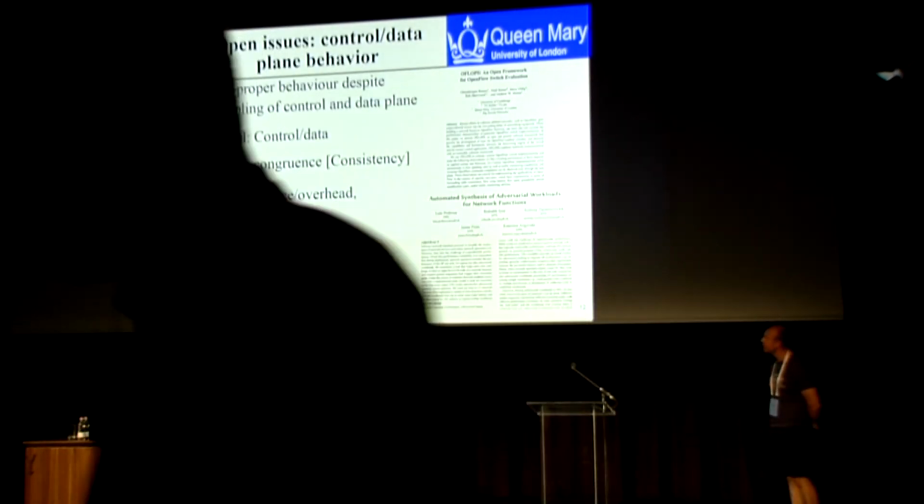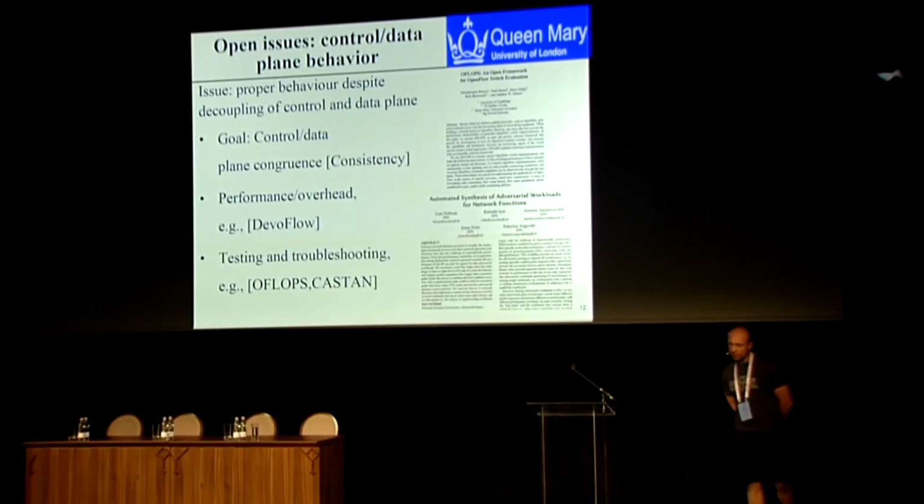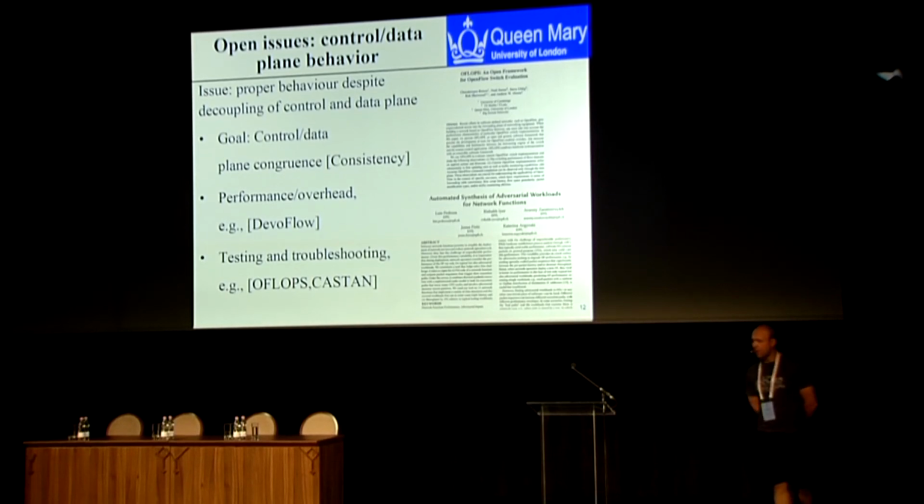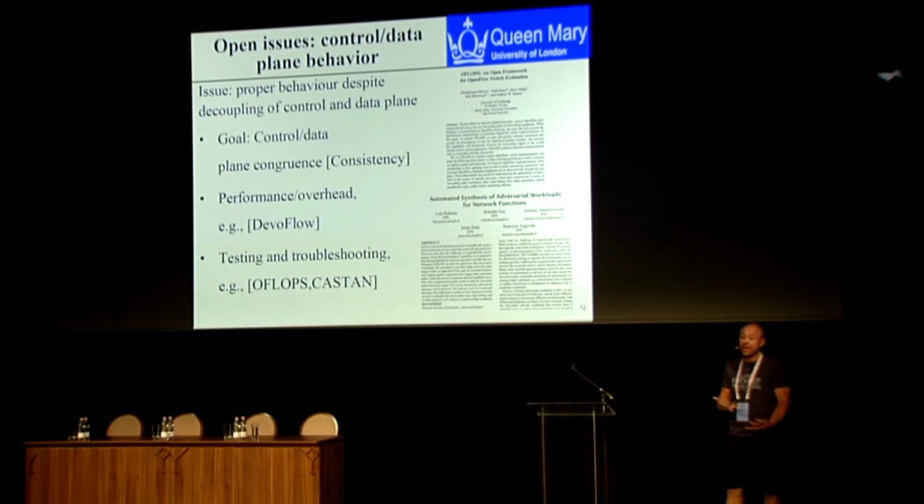So you need to test, like, for example, the OFLOPS paper that was looking at whether my switch is really doing what I think it should be doing. Quite often, when you send packets and look at what's really going on and when, it's not quite what we thought, because hardware behaves slightly differently from our expectations, and may do other things.